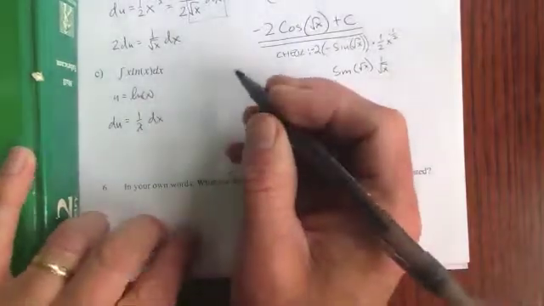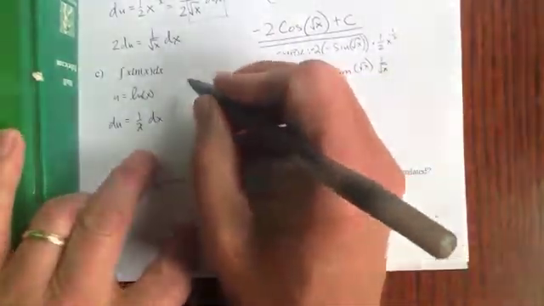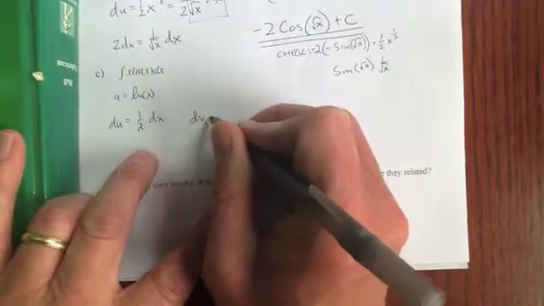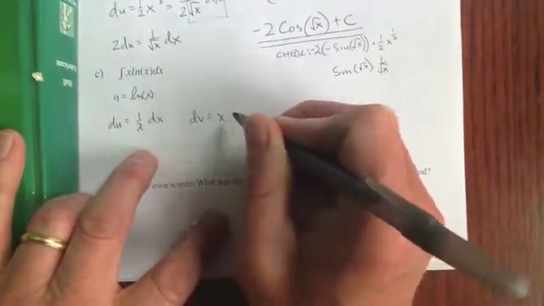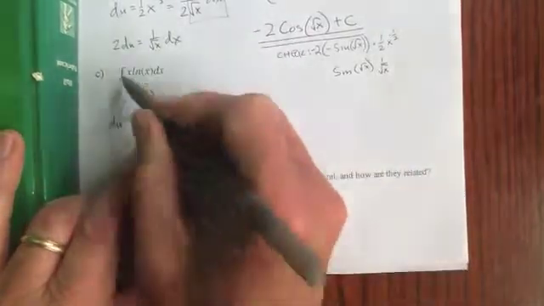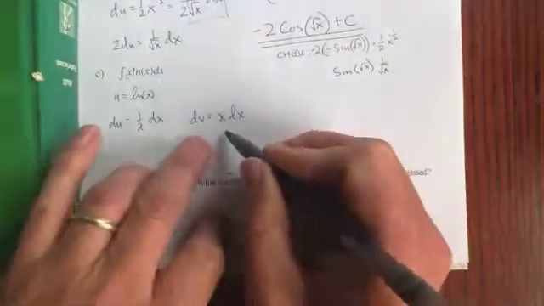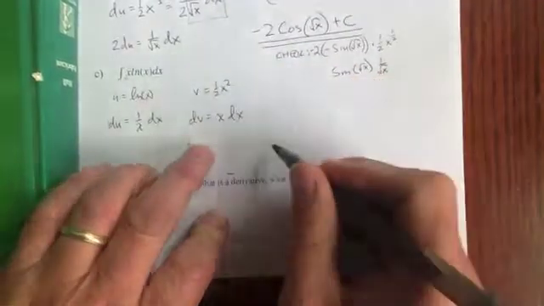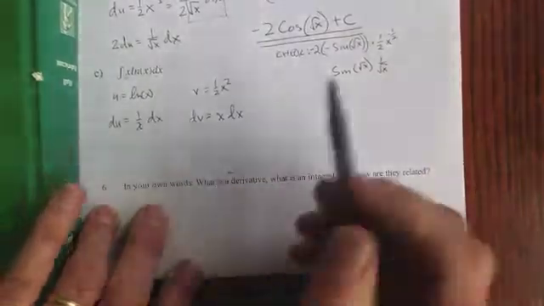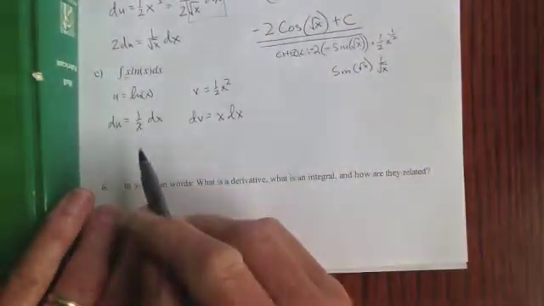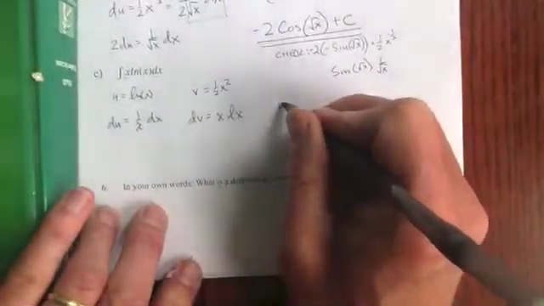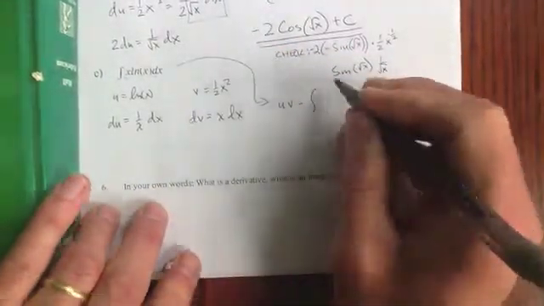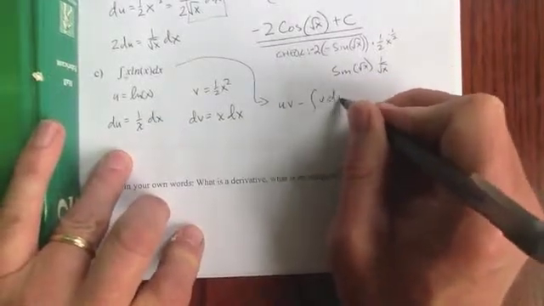And then when I let dv be equal to x dx, okay, that's this part, then I can integrate and I get v is equal to 1/2 x squared. All right. If I then go to my formula for integration by parts, you'll remember it's uv minus the integral of v du.